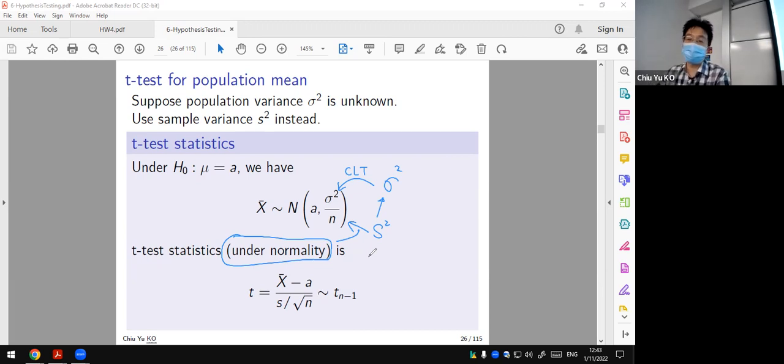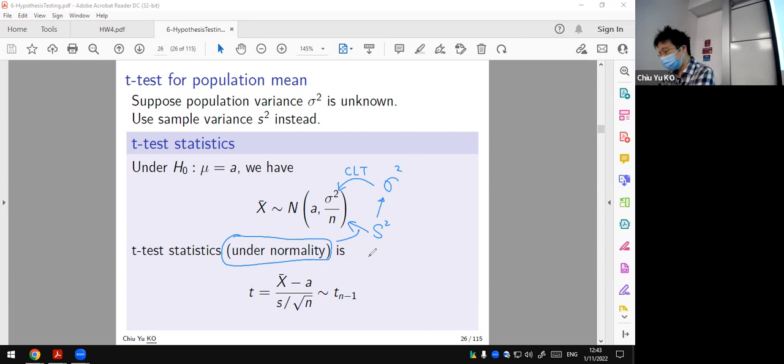You can never verify it, but you can look at the data and plot a histogram to see if it looks like a bell or not. Because under normality, the sample you collect should also follow a bell. That is something you can really check.